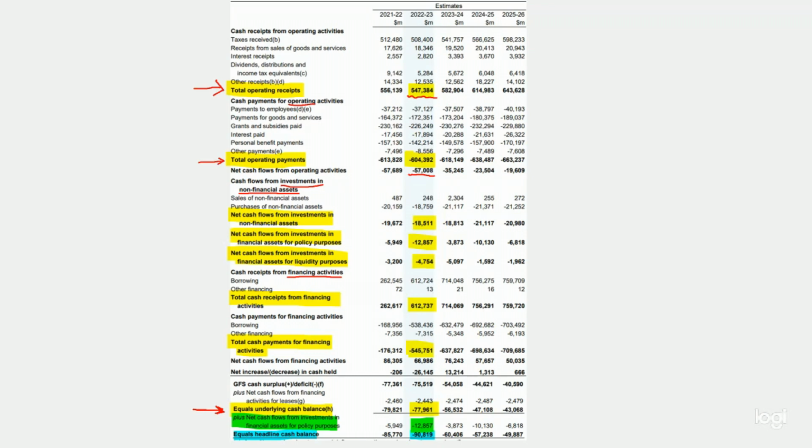And so what you can see here, and the budget has done it conveniently for us, is that if we're looking at the headline cash balance, we need to add this back on to arrive at this figure. And so you can think about the headline being the total of the underlying balance here plus this as well. And so this is going to give you your headline figure.